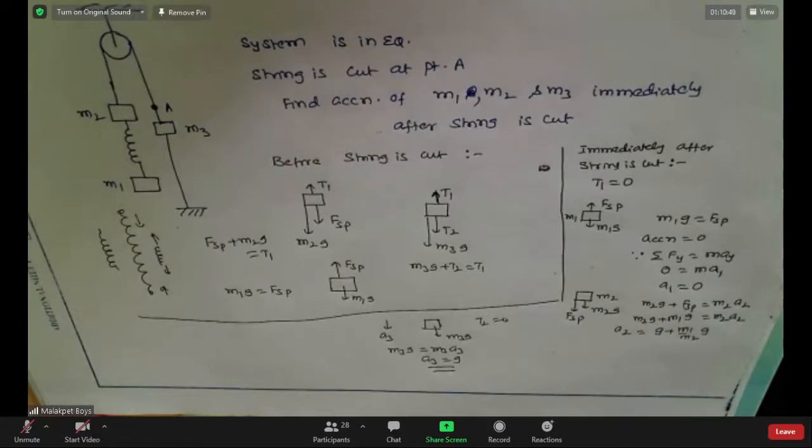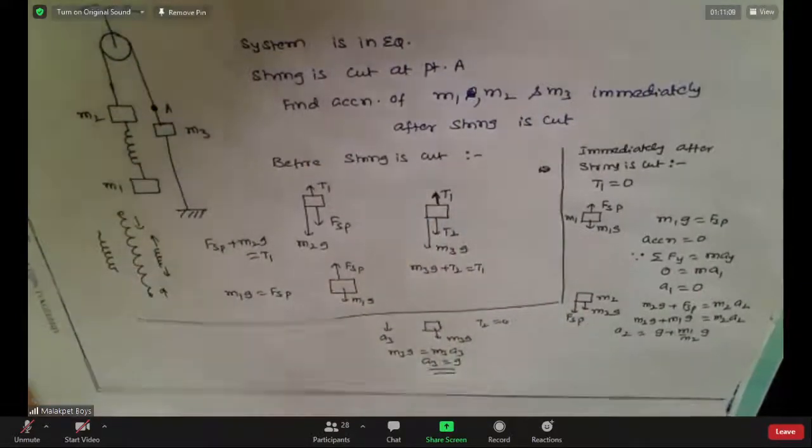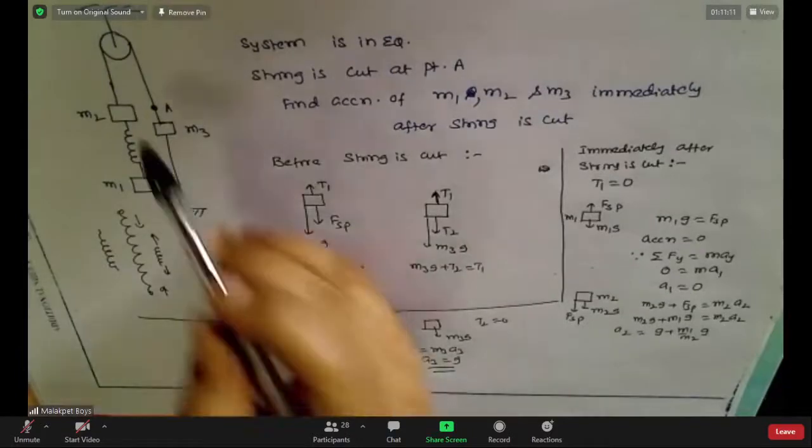Excuse me, sir. I am not understanding what you did in the first case, sir. Which case? Immediately after the string is cut. How is the acceleration 0, sir? What are the forces? This is 0.